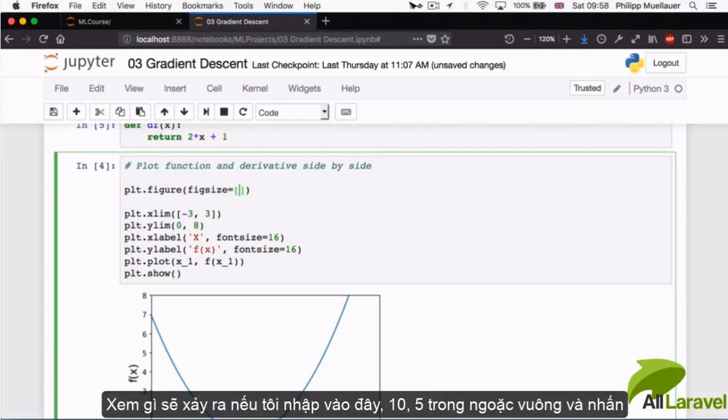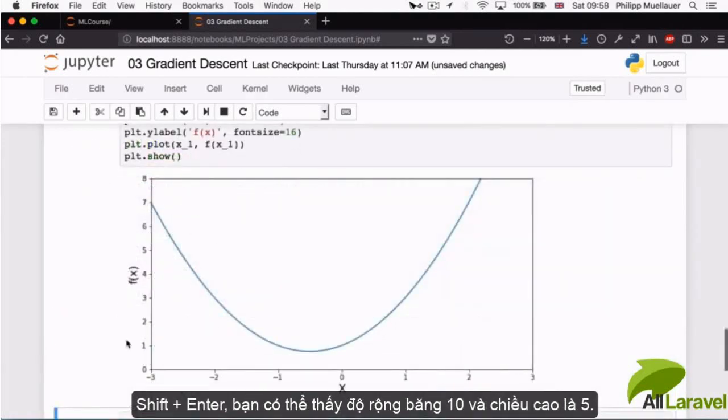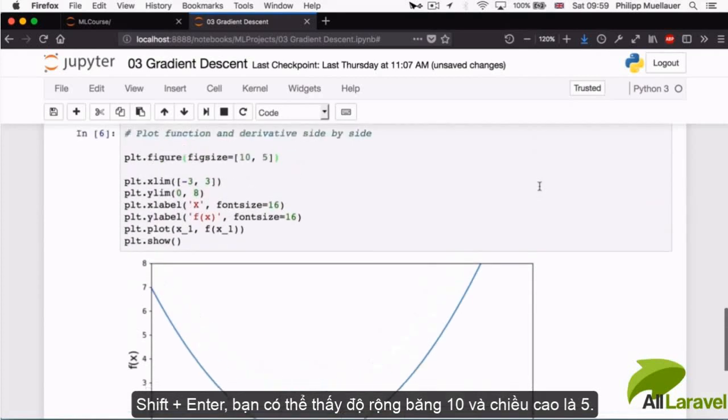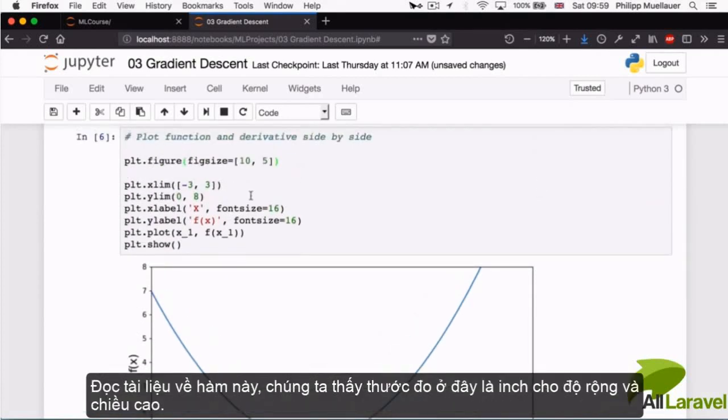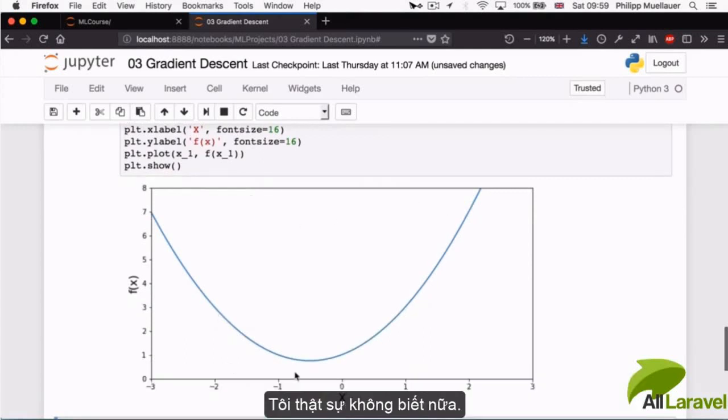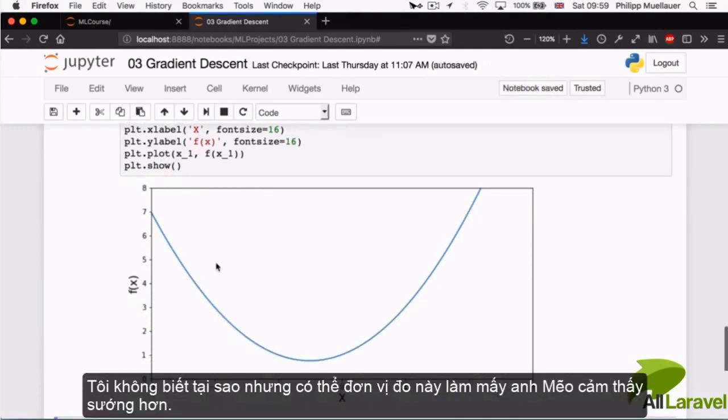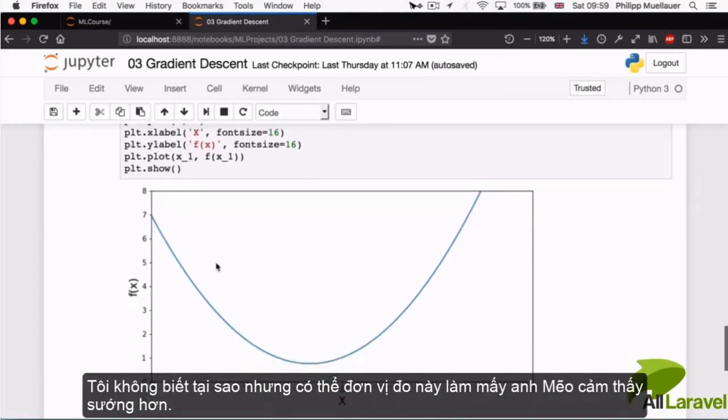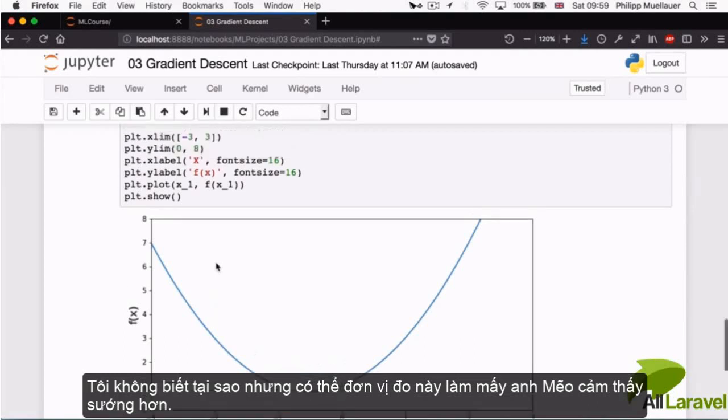Let's see what happens if I put in, I don't know, 10, 5 in the square brackets and hit Shift Enter. So you can see now that the width is 10 and the height is 5. I looked at the documentation for this, and this is actually measured in inches of all things. I don't really know why that is, but I hope it makes our American friends happy.